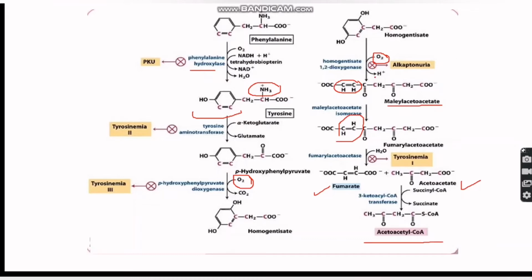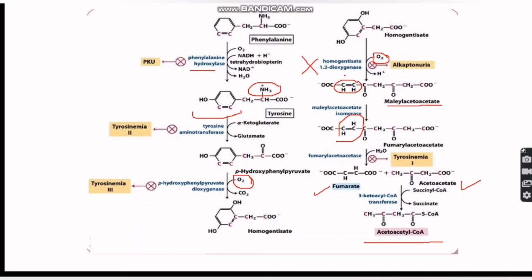So what happens in Alkaptonuria is that the enzyme homogentisate 1,2-dioxygenase becomes defective. The gene that controls the activity of this enzyme is defective, so it is not working properly.